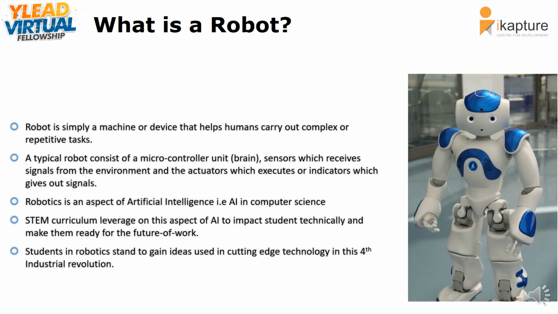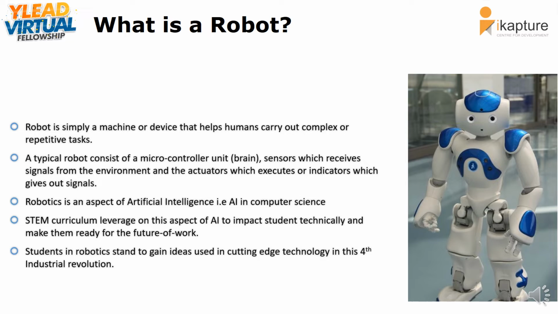Looking at the image here, it symbolizes that a robot is a machine that carries out a performance. Sometimes a robot can look like a human and can also mimic another creature like a bird. A robot is a simple machine or device that helps humans carry out complex and repetitive tasks.